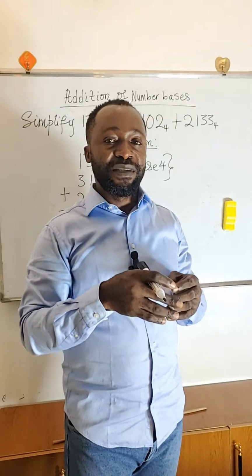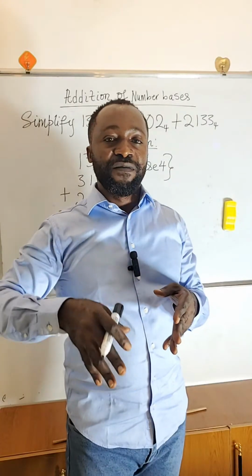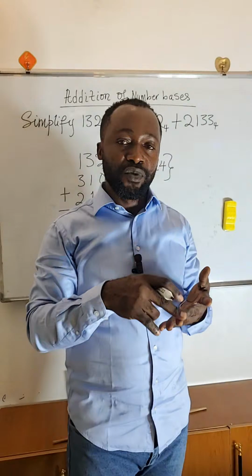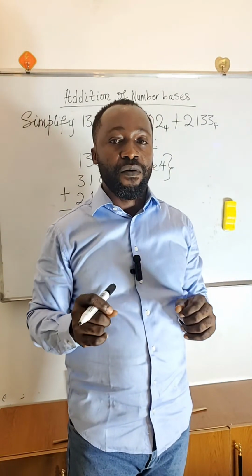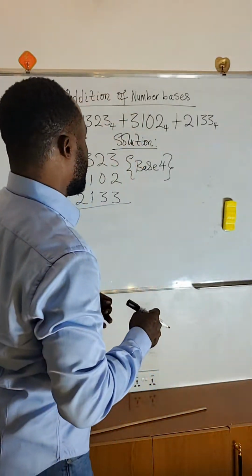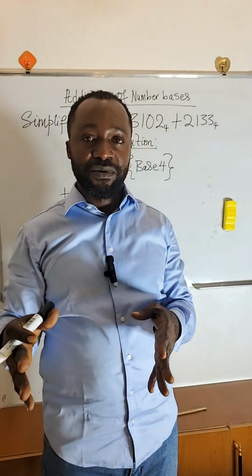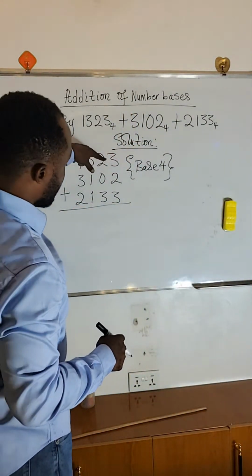If you are working in base 3, you can have integers like 0, 1, 2. But if you are working in base 4, you can have integers like 0, 1, 2, 3. You cannot have an integer such as 4. In any number base, that is the principle that holds. Let's go.